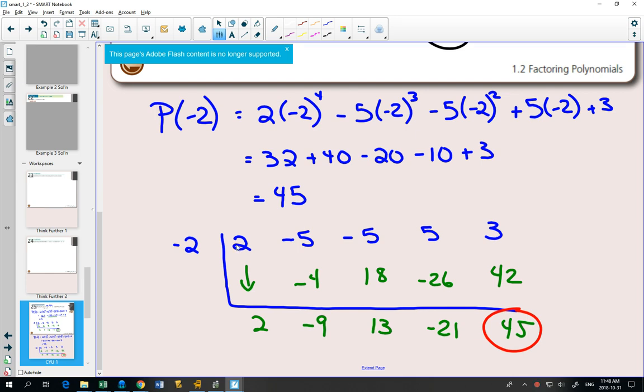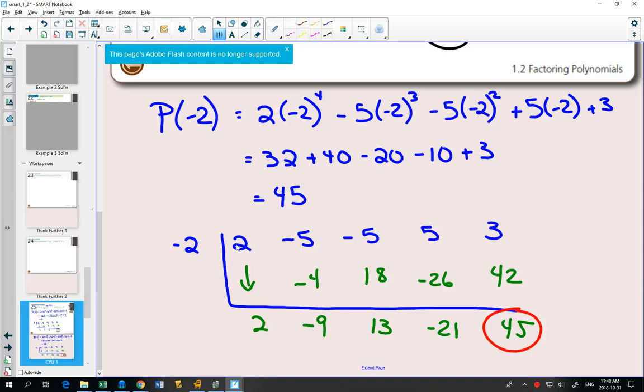Interesting. We got the same remainder, 45 both times. If you didn't get 45, something went wrong with the mental math somewhere. And this time, maybe the numbers with the remainder theorem were better, right?